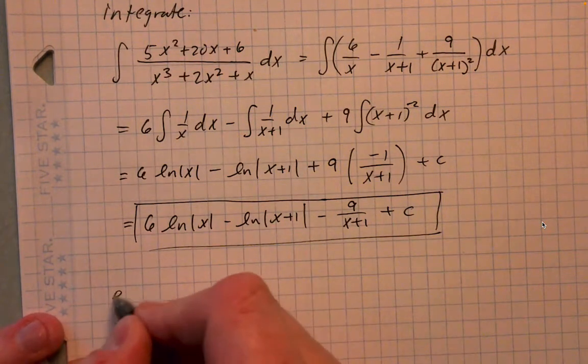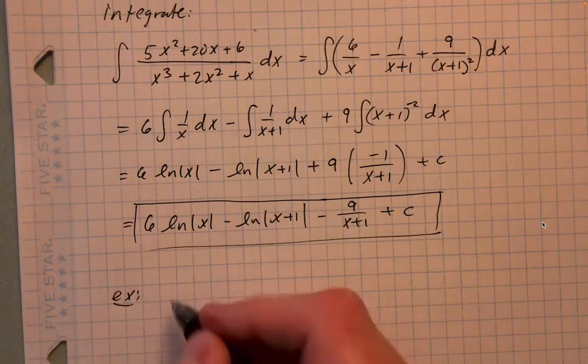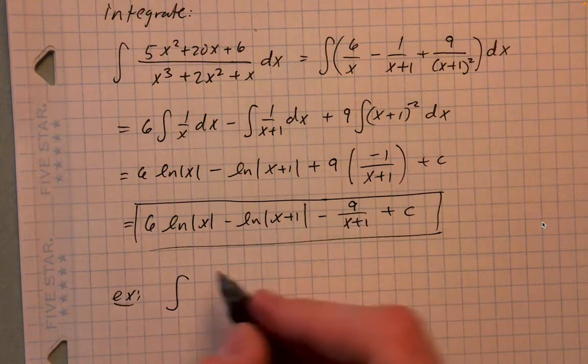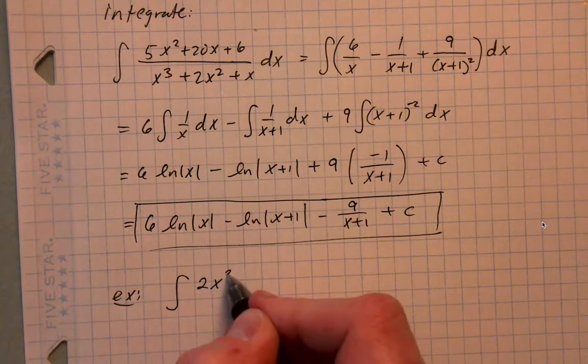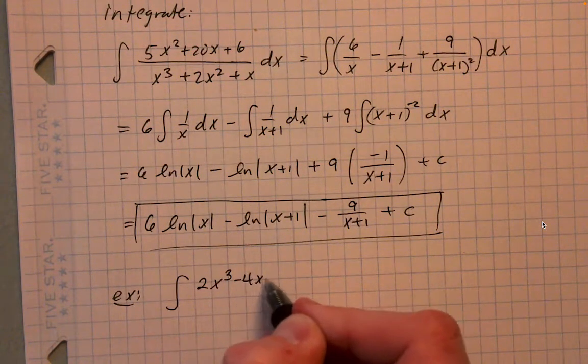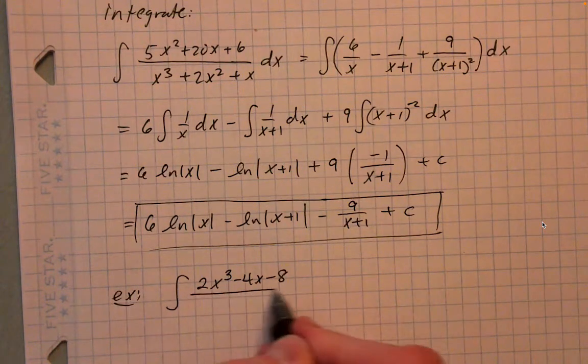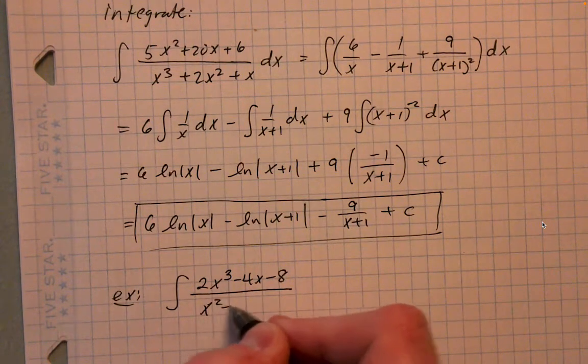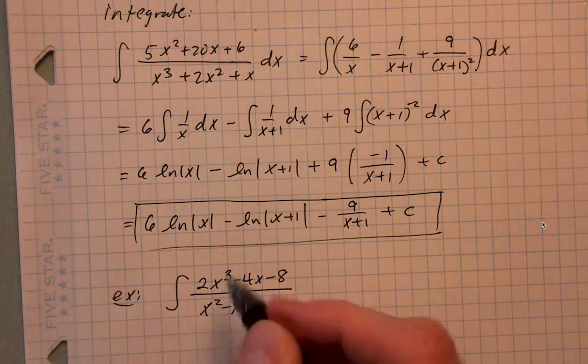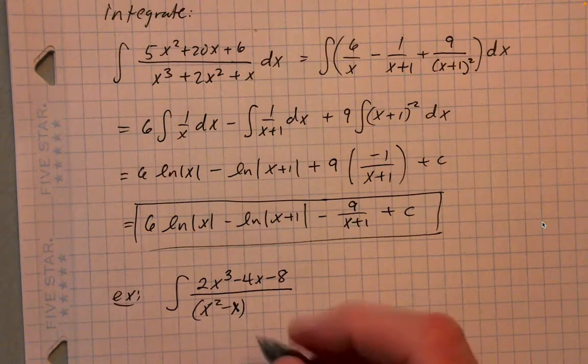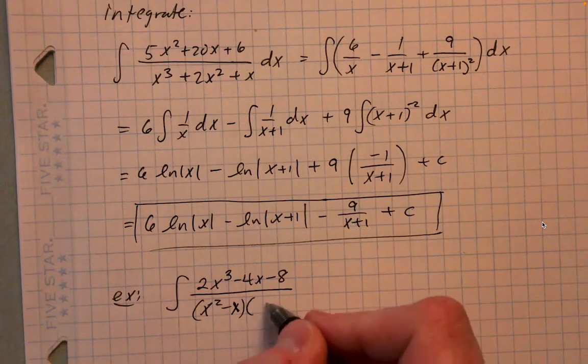Well, let's do an example. This one is already factored for us. It looks like this: 2x cubed minus 4x minus 8 over x squared minus x, well, it's partially factored, not 100%, times x squared plus 4.